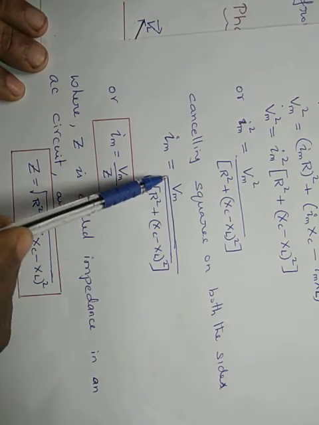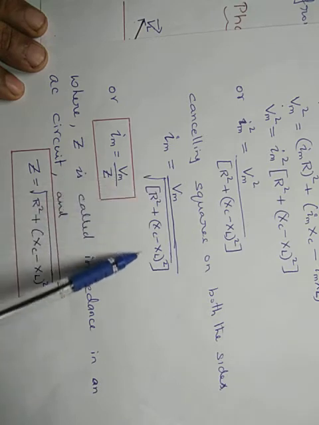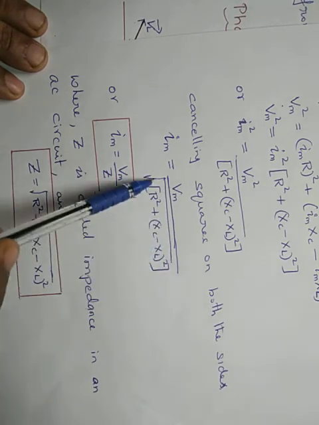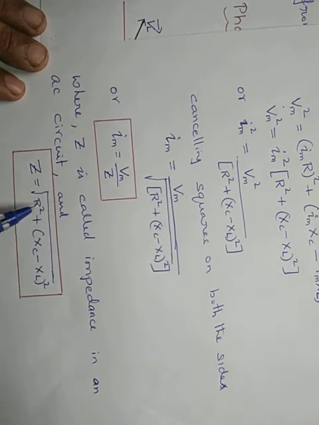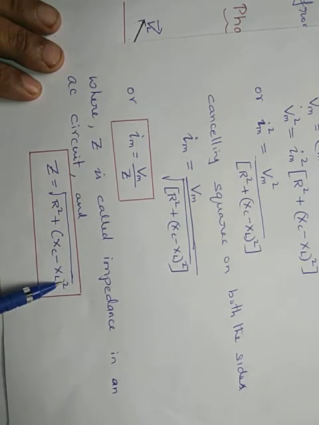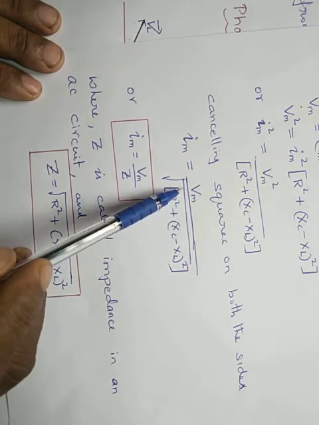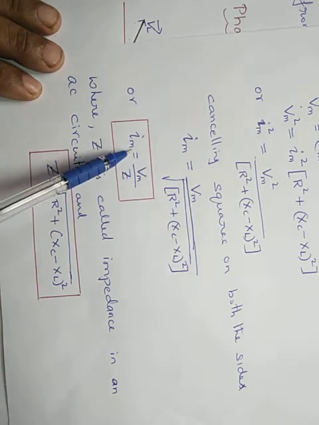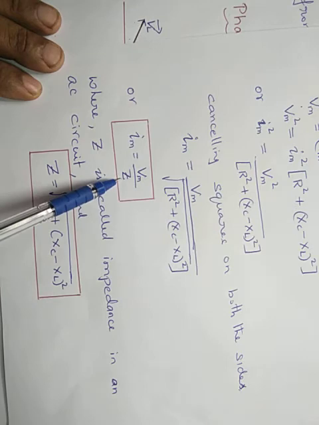You can write the denominator as Z. What is the denominator? That is under root R square plus Xc minus XL whole square. So you can write this equation as Im equal to Vm by Z.